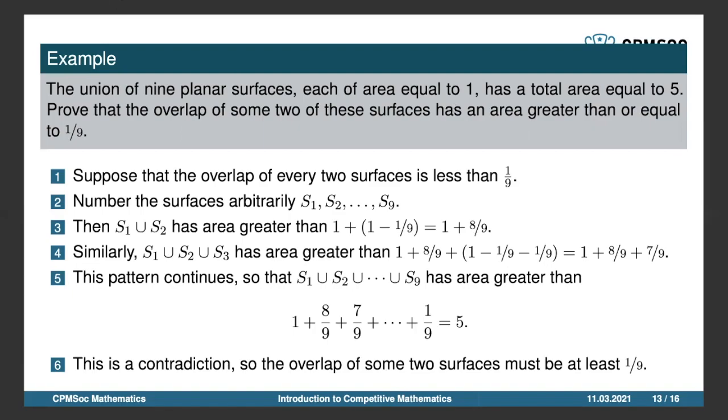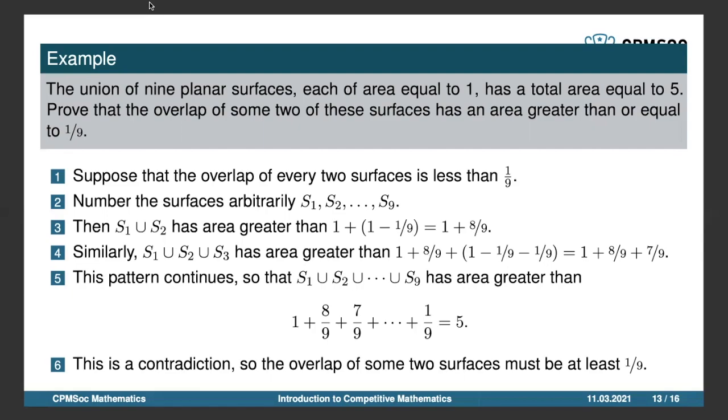So our original assumption that every overlap was less than 1/9 was a false assumption, which means some two surfaces must have an overlap of at least 1/9. Another thing is, again, we don't know which two surfaces have an overlap of at least 1/9.